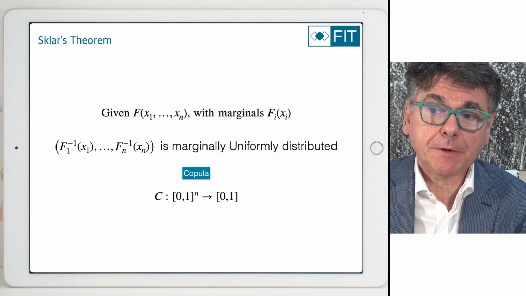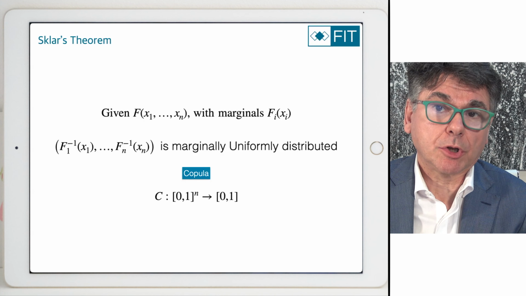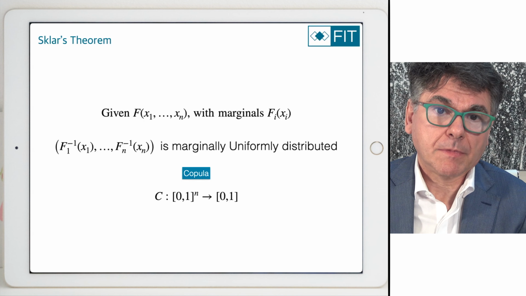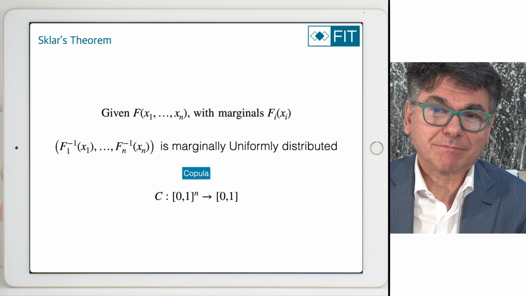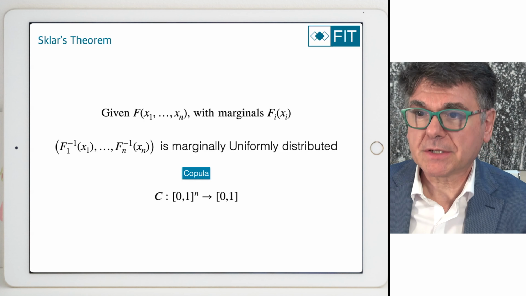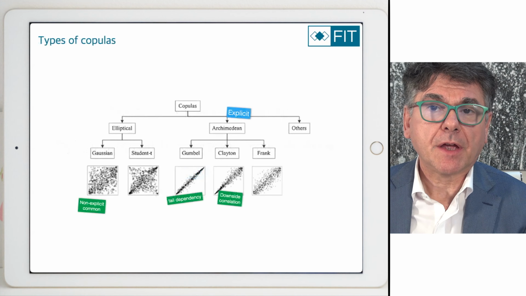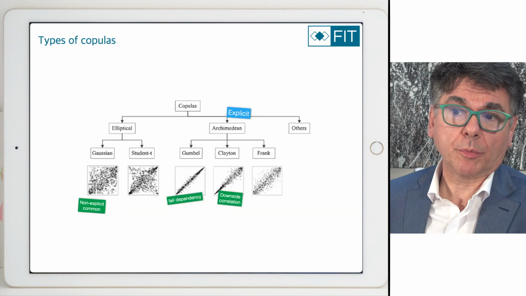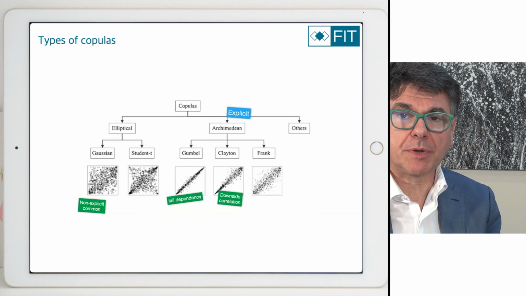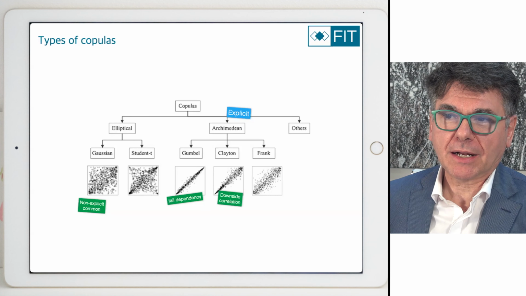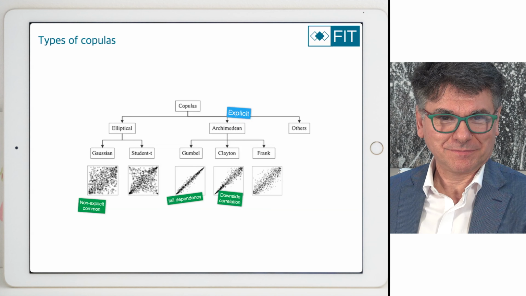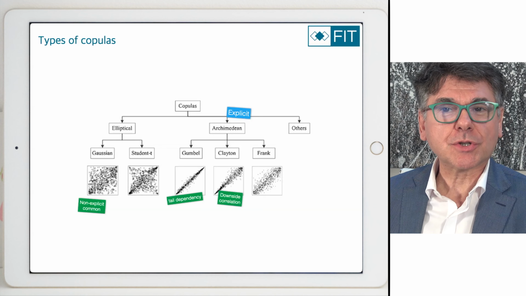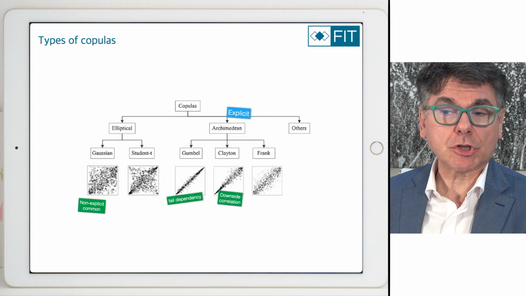Then I use the copula to put them all together. But how do you do that if you don't know what the copulas are? Okay, so what people do is they resolve it like that. There is a brochure of copulas. There's a Gaussian copula, a Student t copula, a Gumbel copula, a Clayton copula, a Frank copula. So I say, which copula do you want? Pick one and use that. That's how this is resolved.